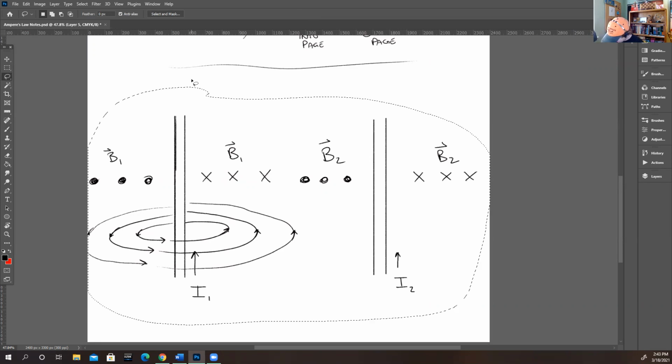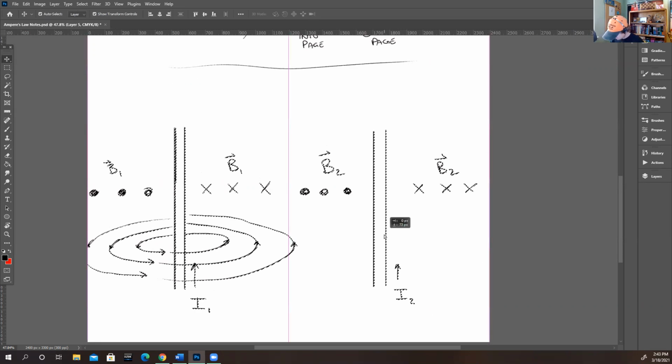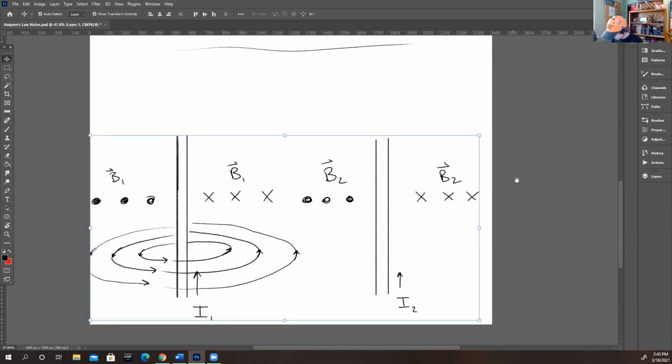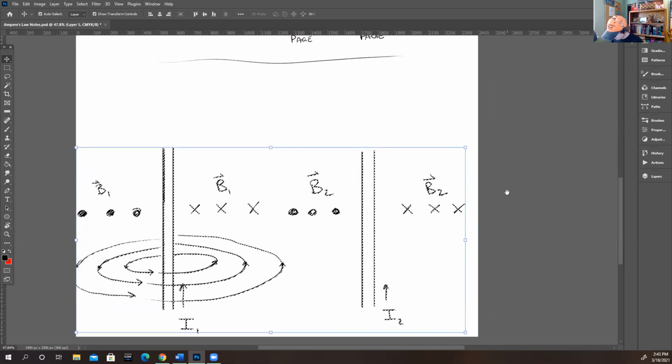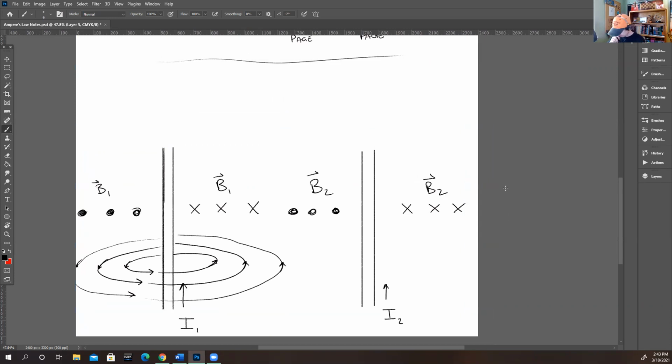Now, we want to know what kind of forces are felt between these two wires. Let me slide that down. It's about there. So we know that if something is in a magnetic field, it could be forced to move in a specific direction. How can we tell how these wires will move?